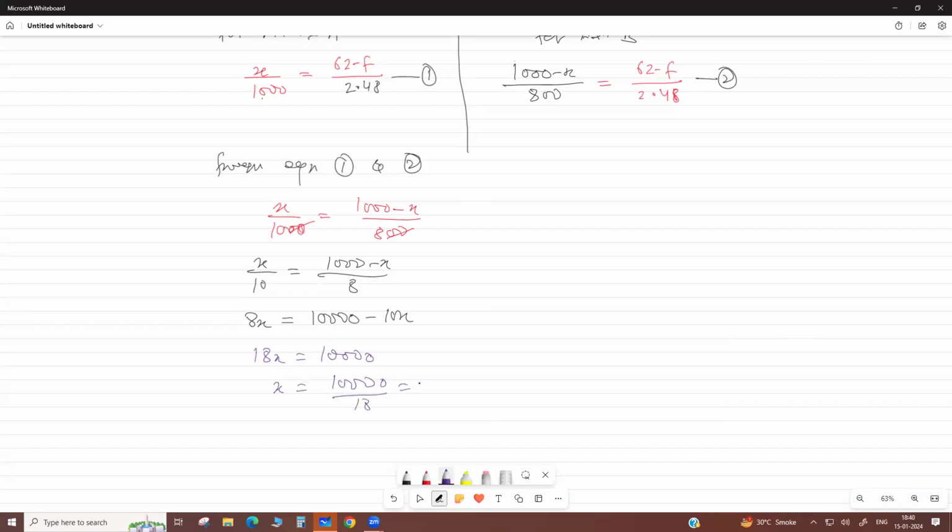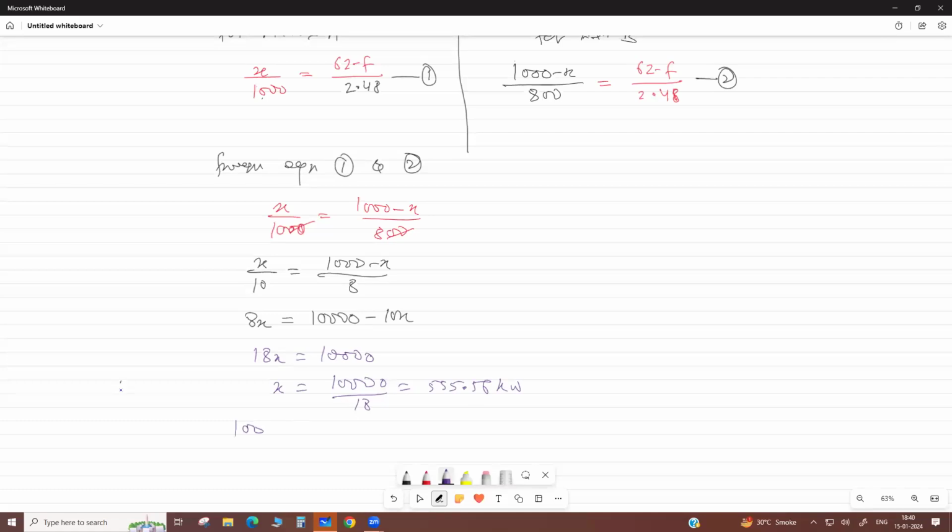What is the value of x? 555.56 kilowatt.